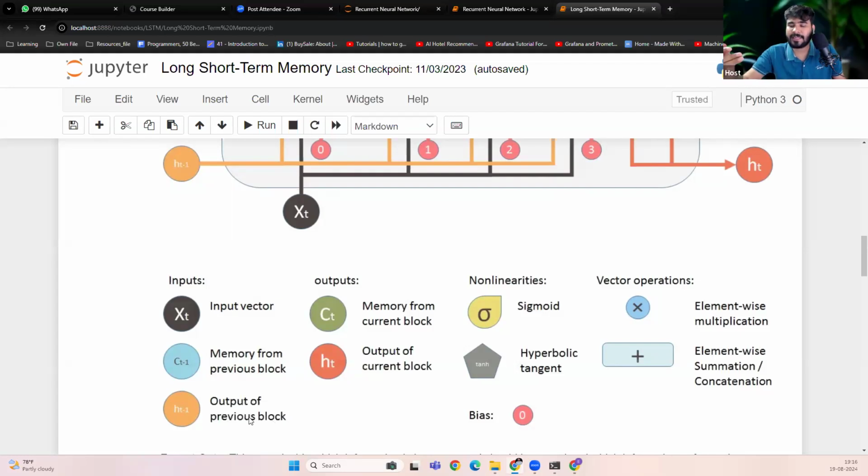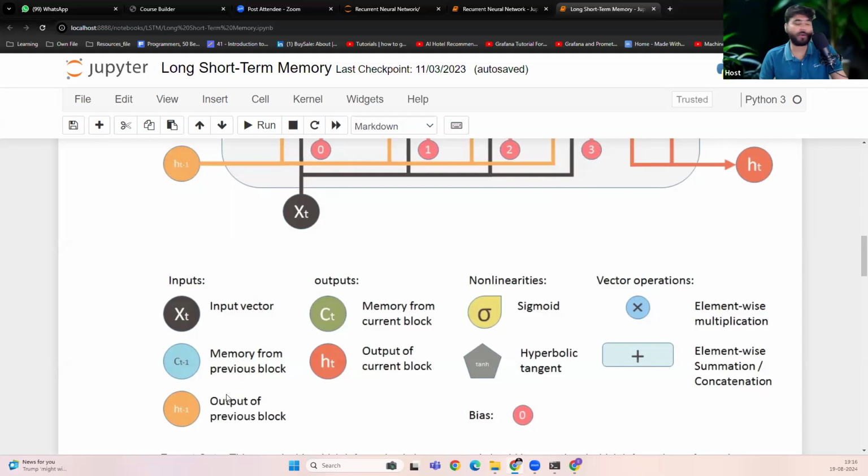Now we are going to send the next sentence, let's say machine translation that we are doing: "My name is Shivan Kumar." Now "I love Apple" is the previous input and positive is the previous output. The previous output we can represent as h of t minus 1, the output of the previous block, meaning the output from the previous input.